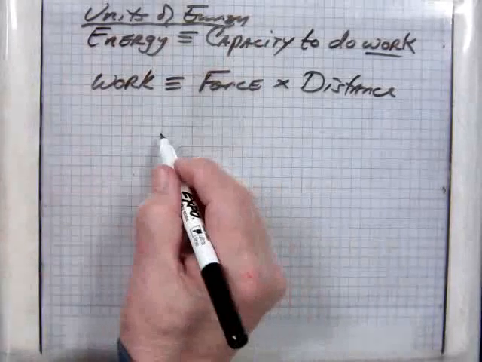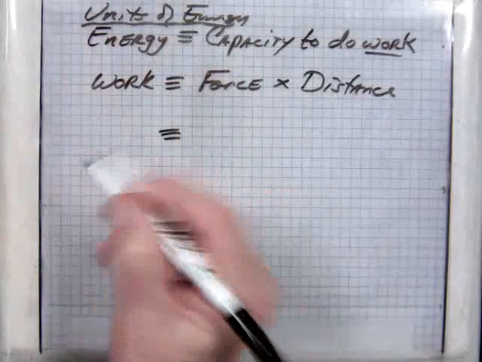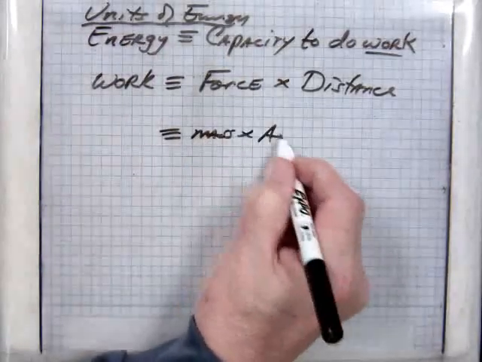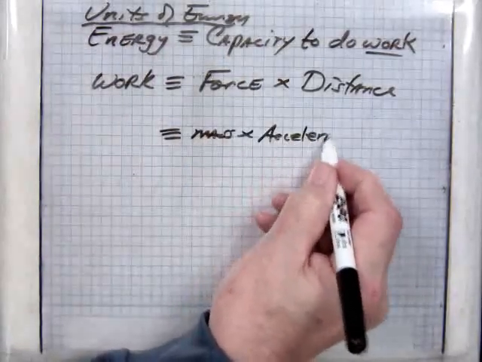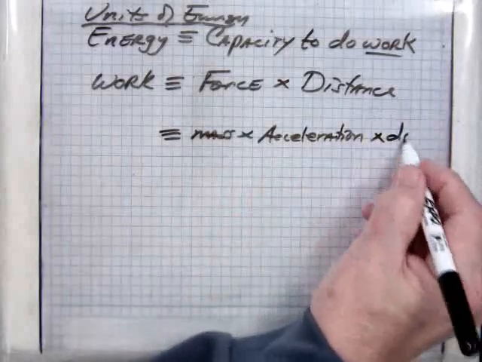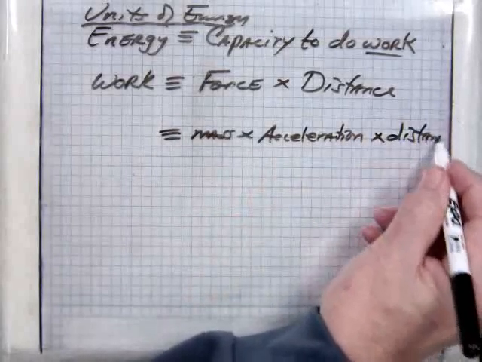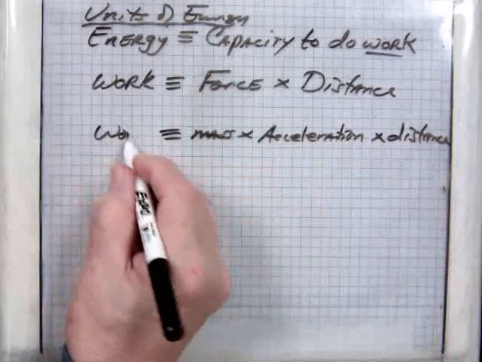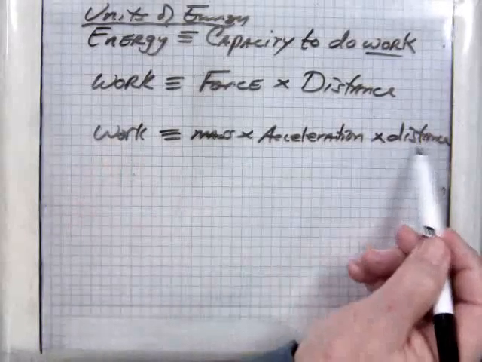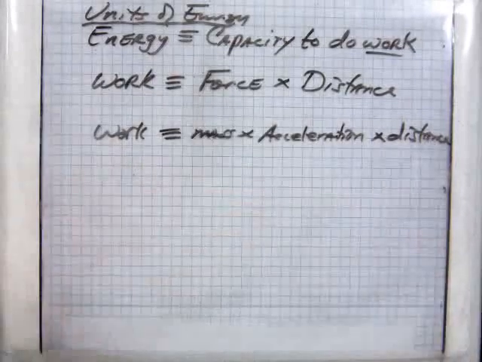Now, force from Newton's second law is mass times acceleration. And then we replace distance. And so work now is dependent on mass, the acceleration of the body, and the distance it will move.